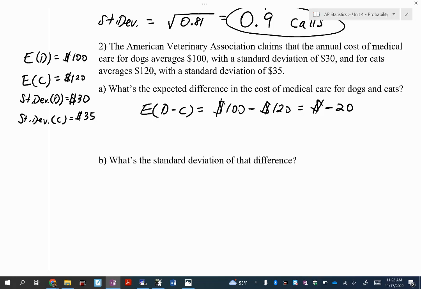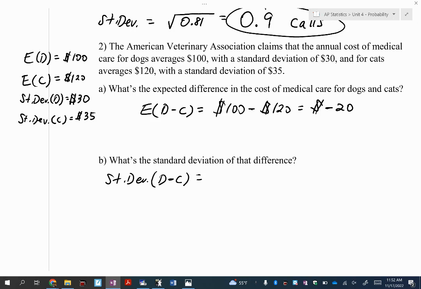If they do this on the AP exam, if it says subtract, subtract, if it's means, if it's expected values. Here's where they're going to mess you up. What's the standard deviation of that difference? All right, so I'm going to find the standard deviation of that difference, but will I be doing subtraction? No. What will I be adding? That word, that big bold thing somebody said. The variances. Nice. I'm going to be adding the variances. Okay?